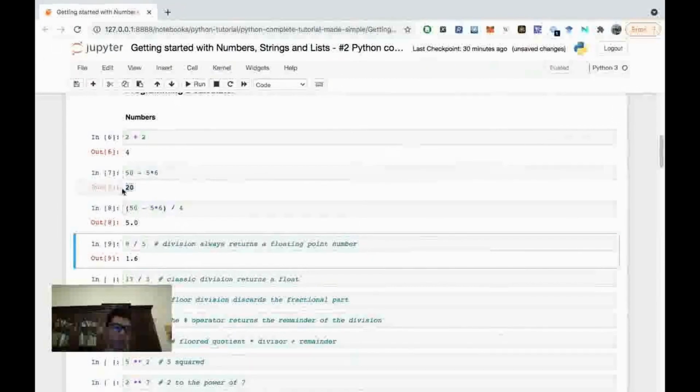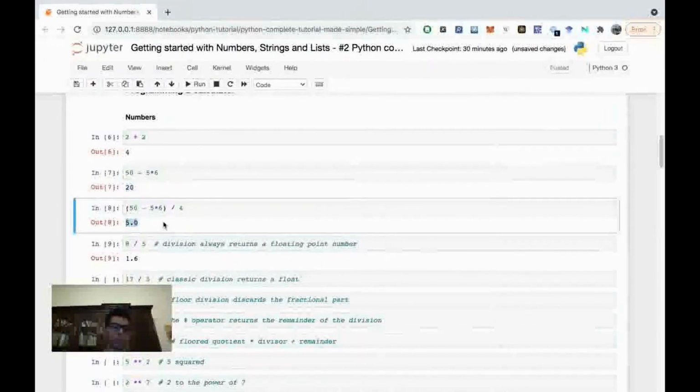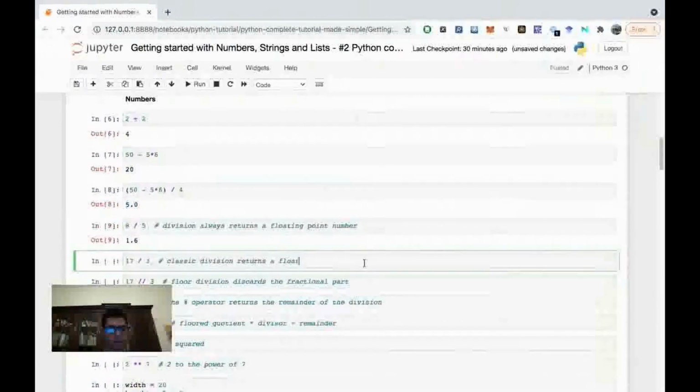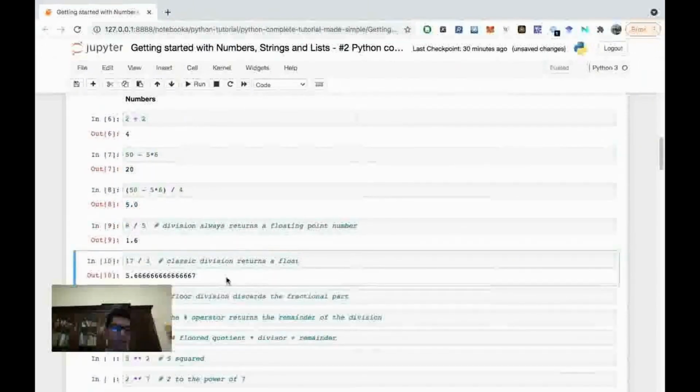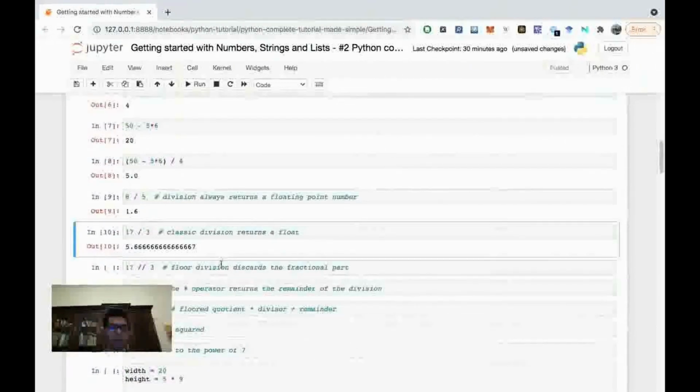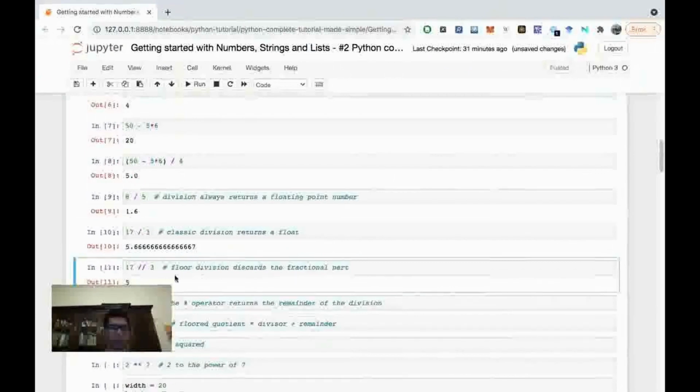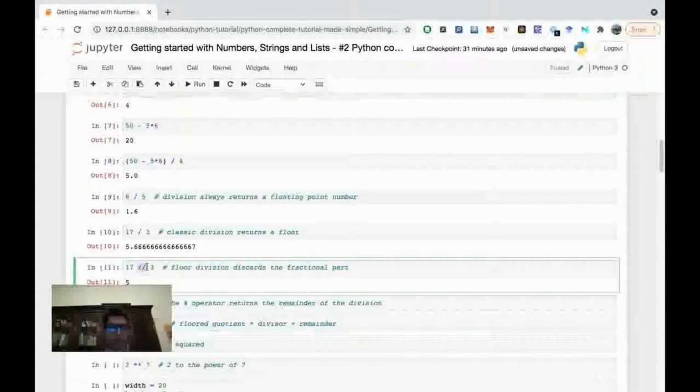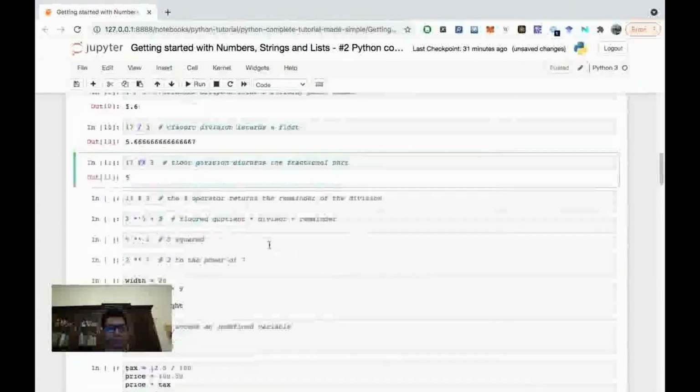So this would be a normal integer, and this will be a floating point number. Next is the classic division, as we said, and here we have the floor division. If you can remember, it's also very important. You do it with a double slash.